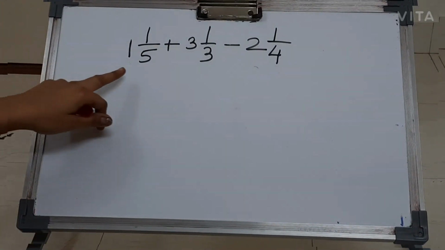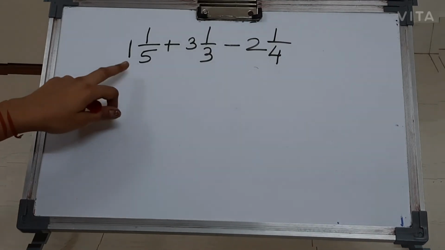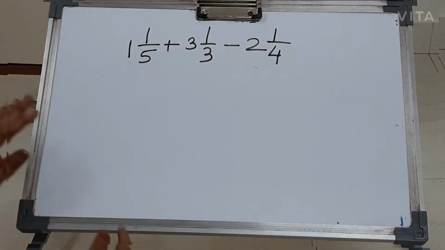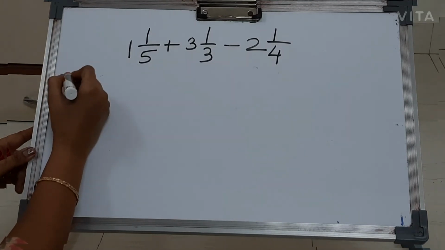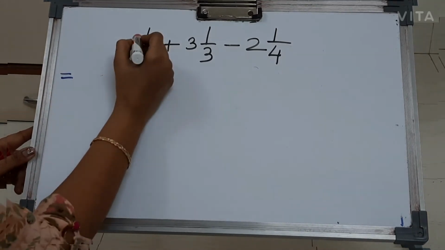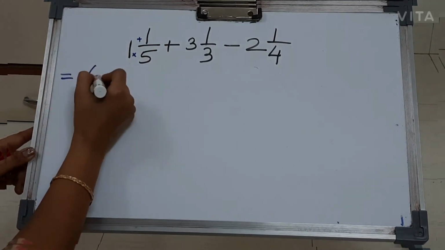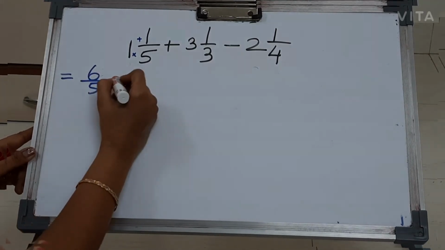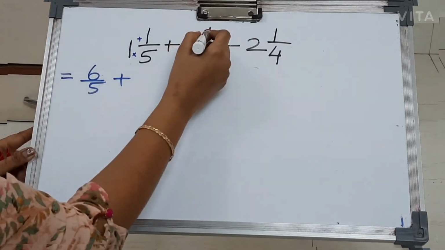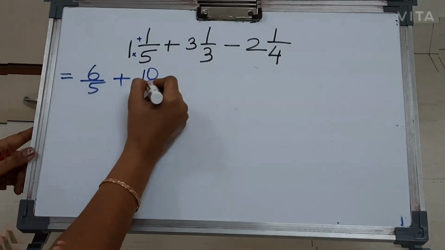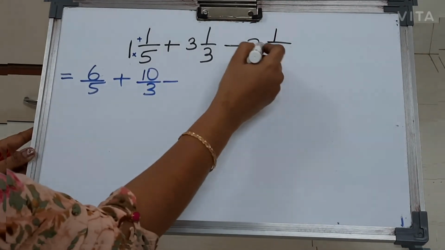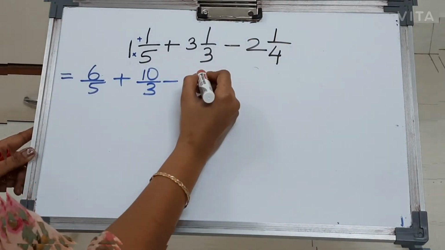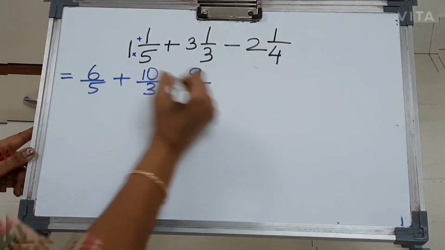Now if we follow the other method, when we convert the mixed fraction into an improper fraction first, how are we going to do this? Again 1 into 5 plus 1. So it will be what? 6 by 5 plus 3 3s are 9 plus 1, 10 by 3 minus 2 4s are 8 plus 1 is 9 by 4.